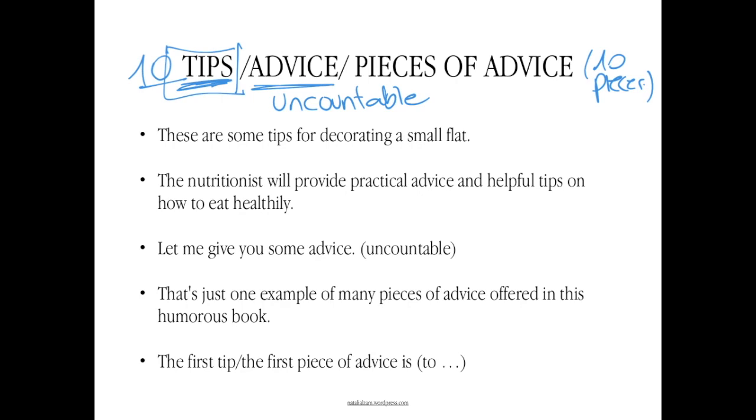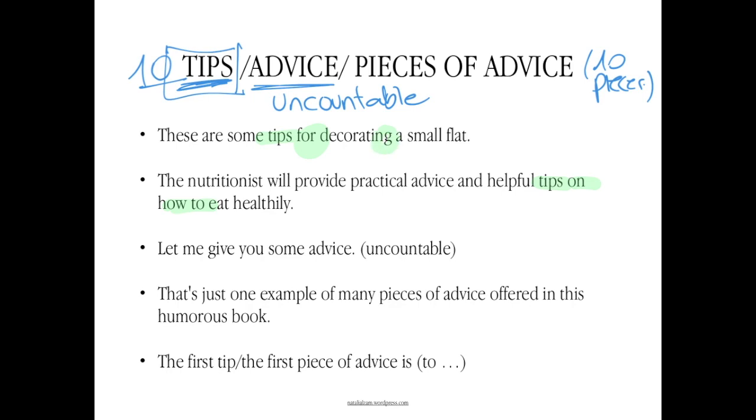So you could say things like, these are some tips for decorating a small flat. Or, the nutritionist will provide practical advice and helpful tips on how to eat healthily. This is probably an expression you will find. Tips on how to do something, or tips for doing something.